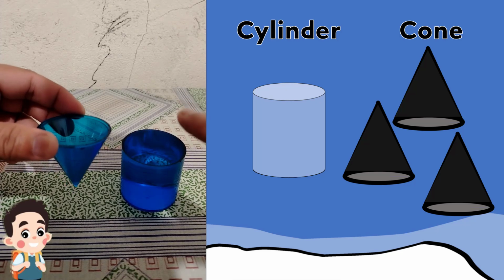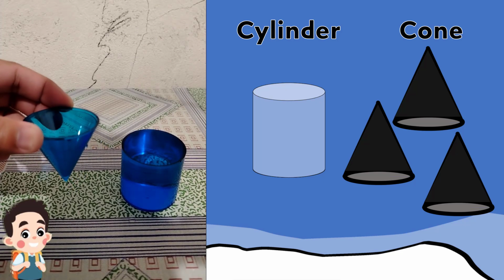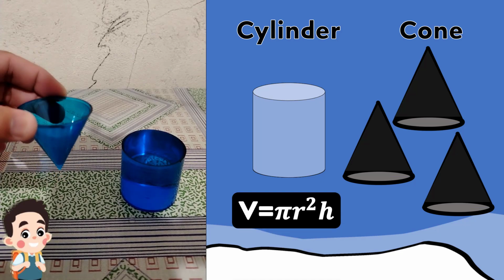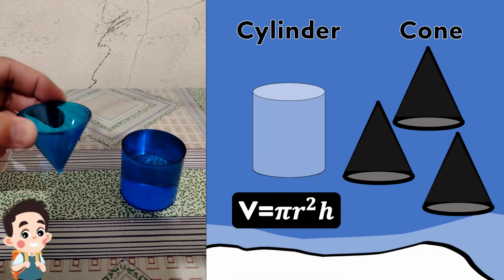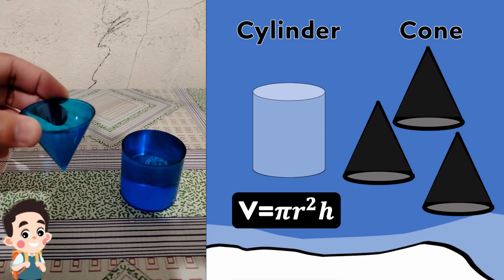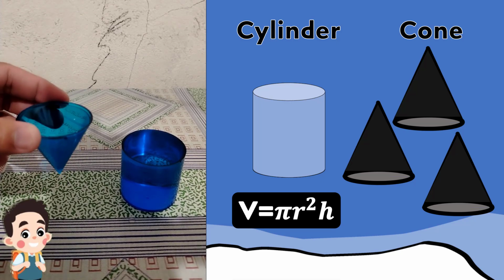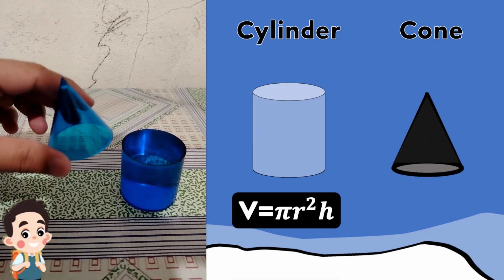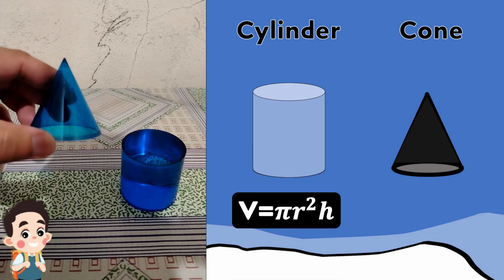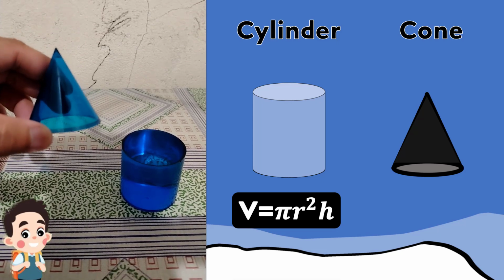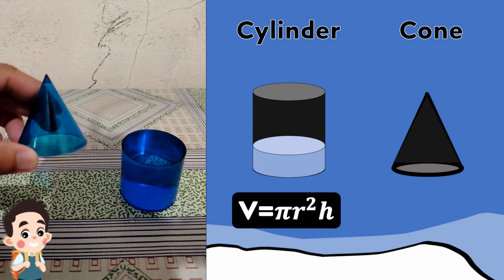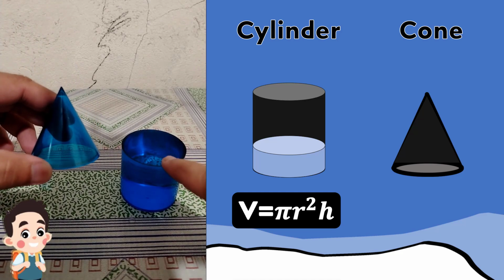Now, what is the formula for the volume of the cylinder? The formula for the volume of the cylinder is computed as pi r squared h. We had a video for that; you might want to review it. So, that would mean that the formula for the volume of the cone, which is expected to be 1/3 of this, is just 1/3 of the formula for the volume of our cylinder.